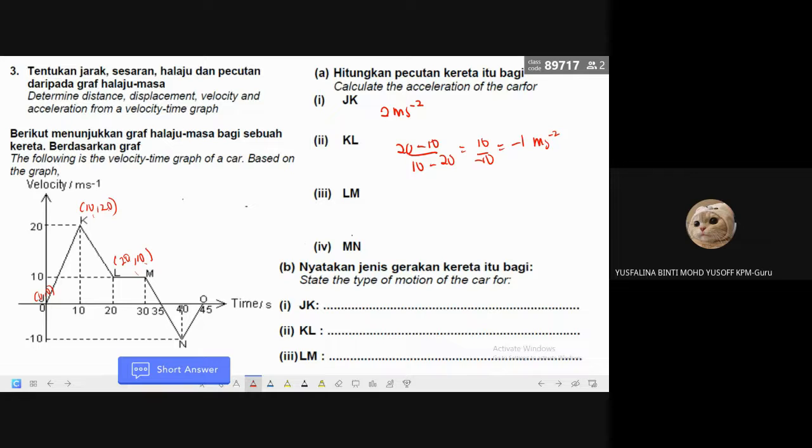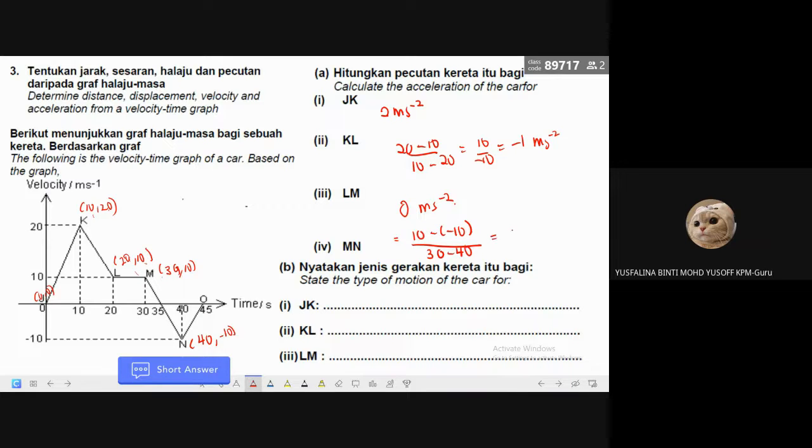Must have a unit, no unit is wrong. So at M, you need to count, it is 0. Then MN. So 30, 10. This one is 40, negative 10. So I got 10 minus negative 10, and divide by 30 minus 40.